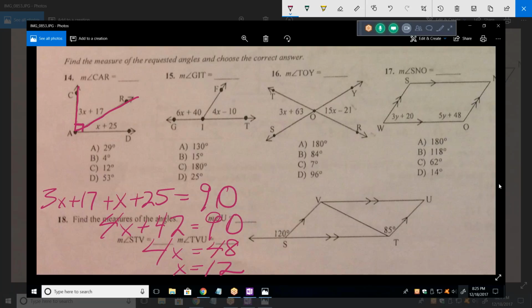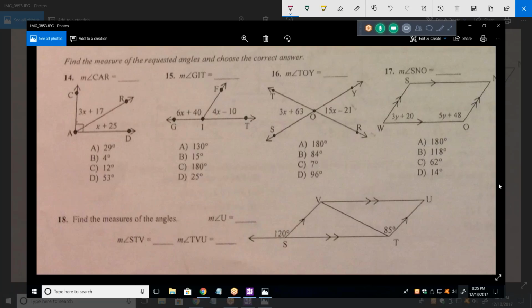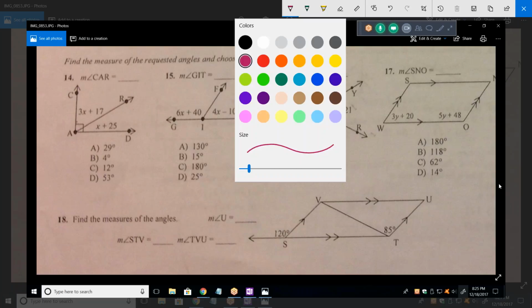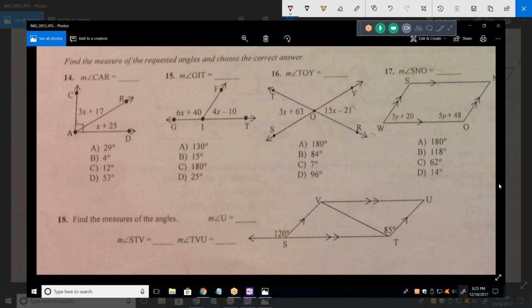Okay, number 15. What's true about those two angles? Okay, so give me an equation to write. Equals 180. Solve that one.